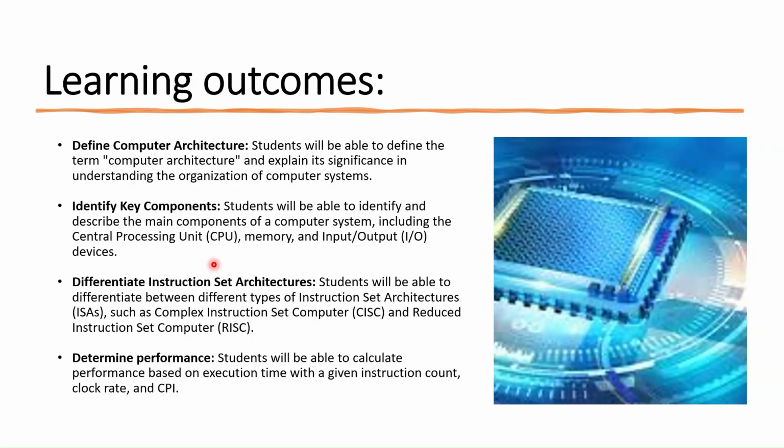Finally, we will learn how to determine computer performance. We will calculate execution time based on instruction count, clock rate, and cycles per instruction, which is CPI. So these outcomes will give us a solid foundation for understanding how hardware and software work together.